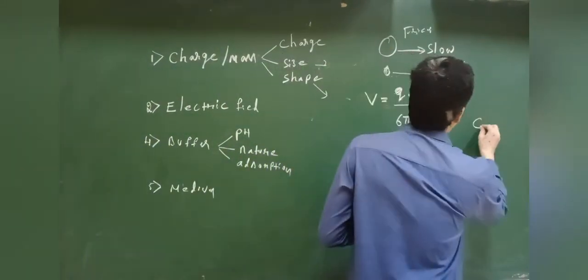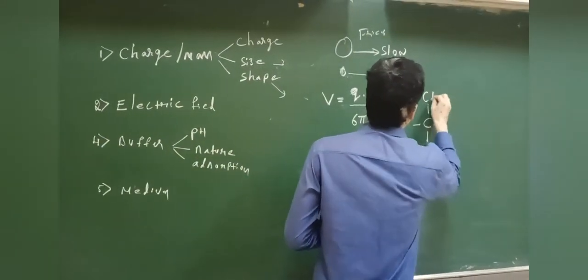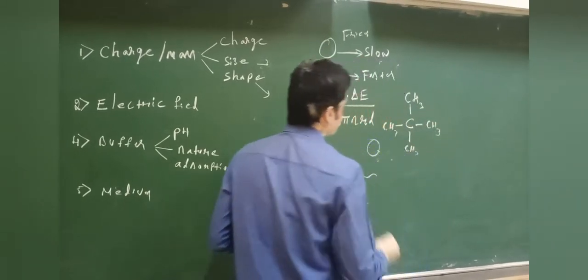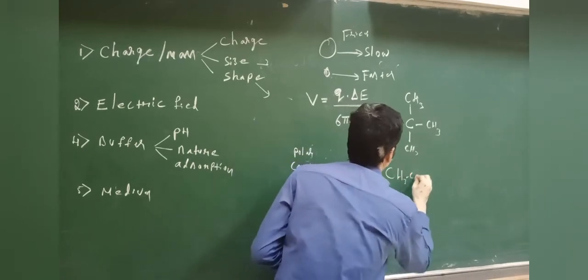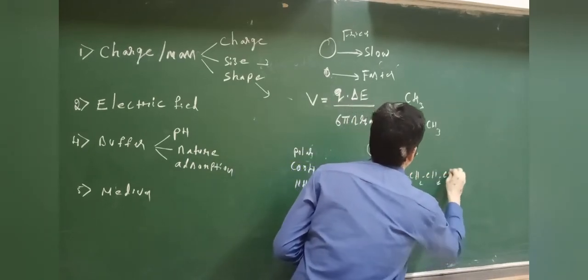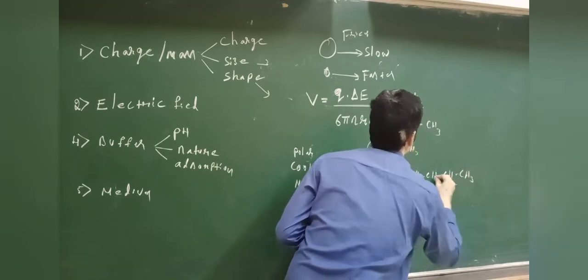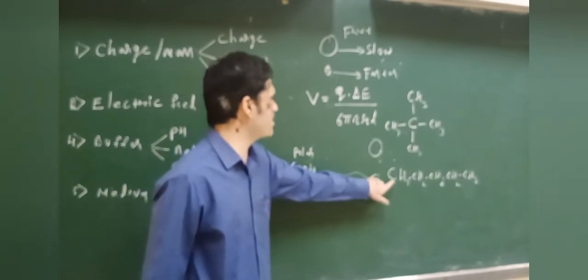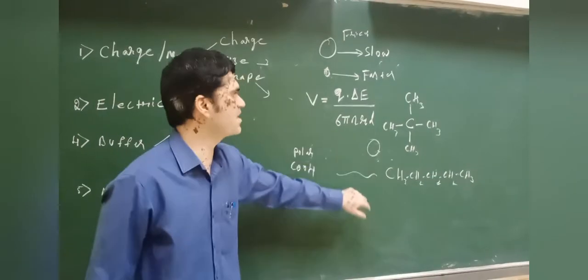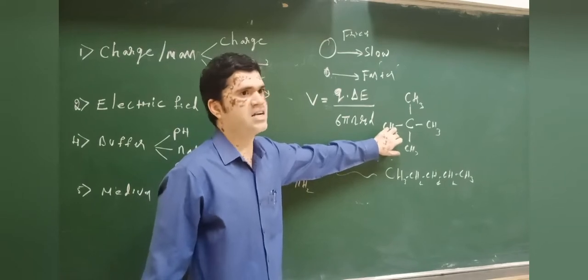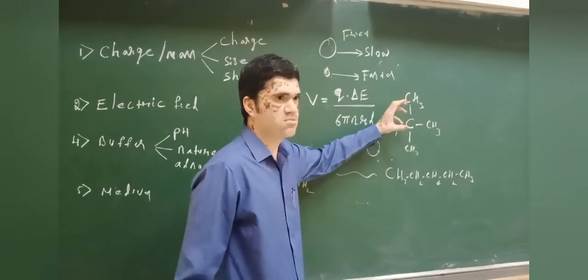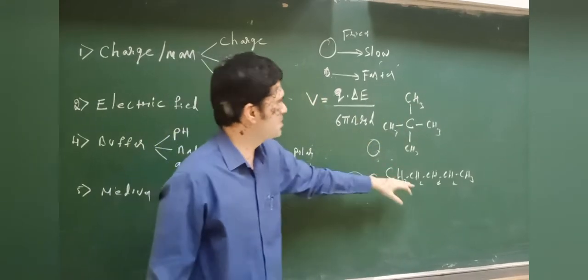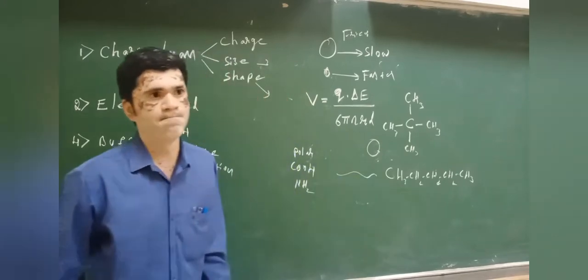We have here neopentane and n-pentane. n-pentane is a linear chain, CH3, CH2, CH3. Now if we observe, the boiling point of n-pentane is higher when compared to neopentane. That is because neopentane is branched and will have a smaller size, whereas n-pentane will have a larger size.